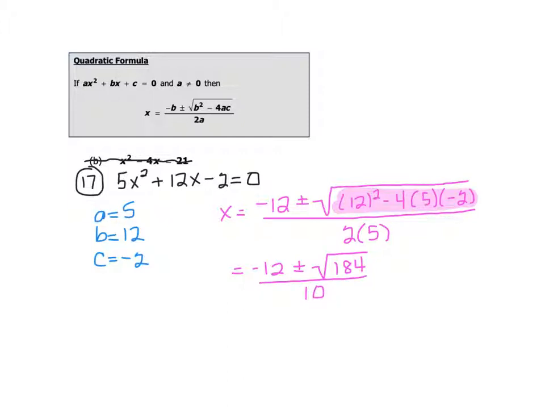This is a really important example because I want you to see what's going to happen when you have to start putting things in your calculator. First of all, we need the square root of 184. As a decimal, this is 13.56. So here's what I've got: negative 12 plus or minus 13.56, divided by 10. When we put this in our calculator, we're going to have to do this twice.